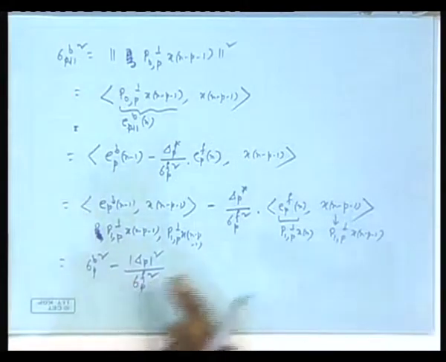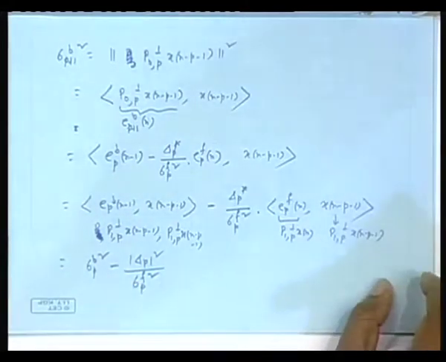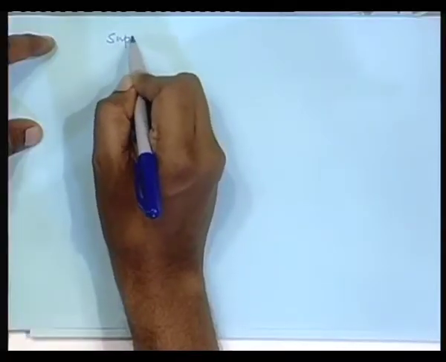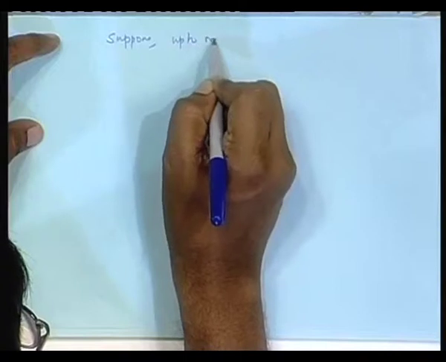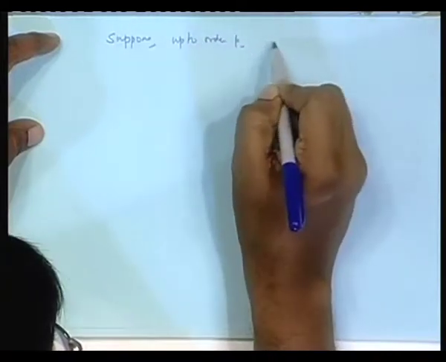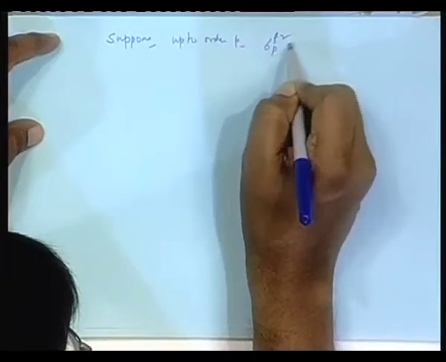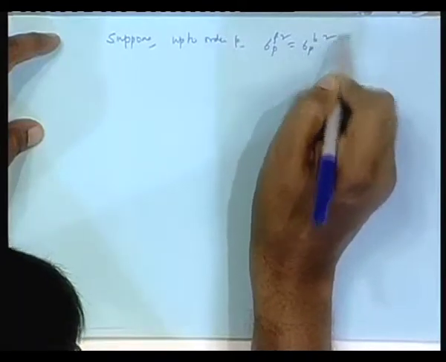Now, I can easily prove that both sigma p f square and sigma b square are same. It is very easily proved by induction. Suppose up to the order p it is true that sigma p f square is equal to sigma p b square.